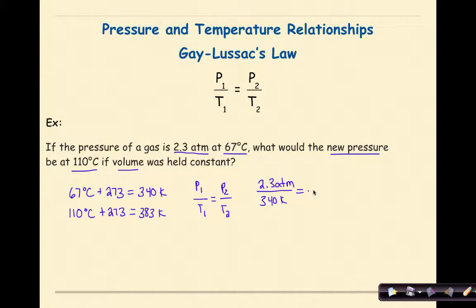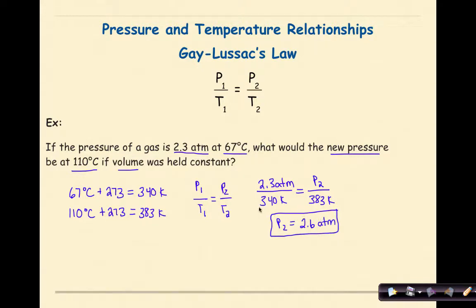So the new pressure is our P2, and that is what we are solving for, and my T2 is going to be represented by 383 Kelvin. So if I cross multiply and I solve for P2, I find that P2 here is going to be 2.6 atmospheres.